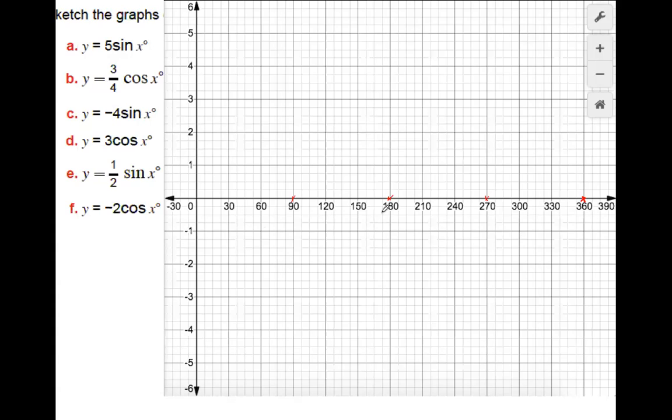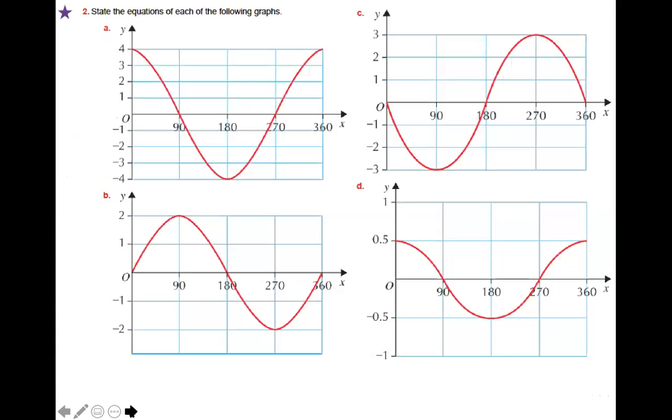To me, because I've used Desmos there, it just plots all of them. I just said go from 0 to 390 in steps of 30, and then it plots it for you. So that's a good thing about Desmos. But this is what you would do if you were asked to plot something. That's enough. You don't need to even put those blue lines here. You only need to put X and Y and put the numbers there.